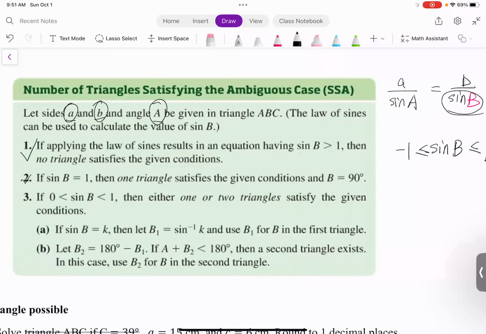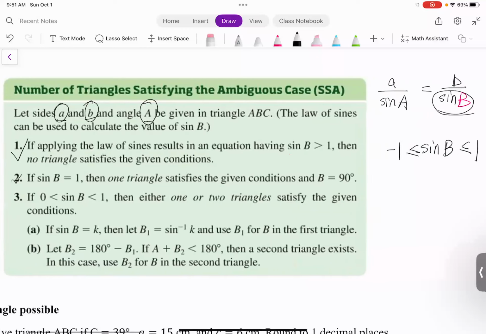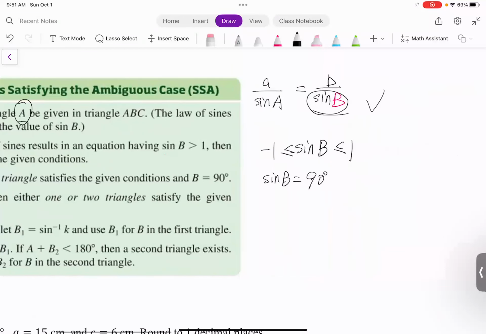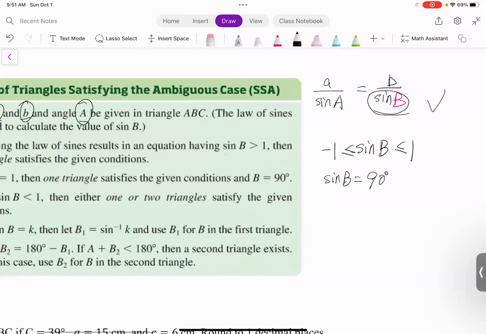Second case, if sine B equals 1, then one triangle satisfies the given condition. So by solving this, I solved that sine B equals 1.